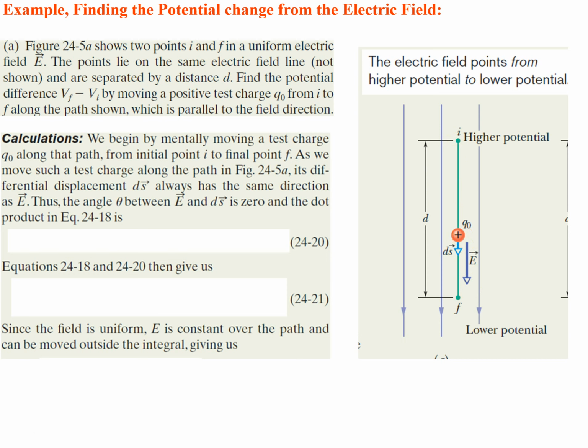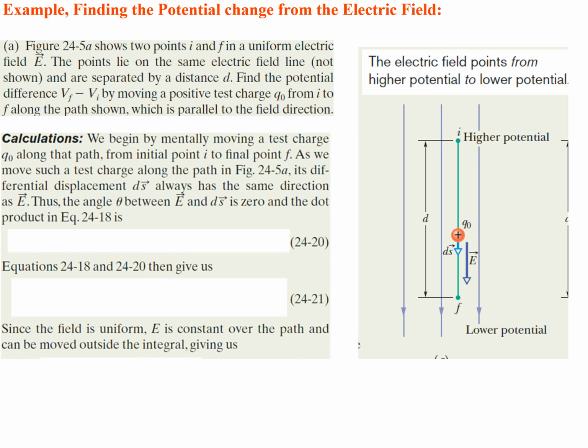So it's going along the field from I to F, this charge right here. The distance that is traveled is just ds as we make it smaller and smaller, so that's what we're going to integrate. We can begin by mentally moving a test charge q0 along that path from the initial point I to the final point F. As we move such a charge along the path, its differential displacement ds always has the same direction. It's always going to be along E. It's following the electric field.